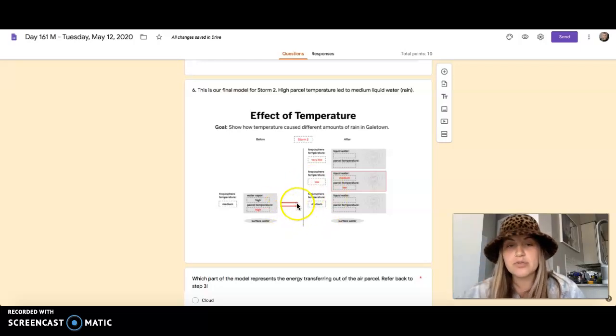Medium energy is represented by 2 arrows. As it moves up into the troposphere, it's transferring out all that energy. And once it hits equilibrium, where it's low troposphere temperature and low parcel temperature, it stops. And it stops at level 2.